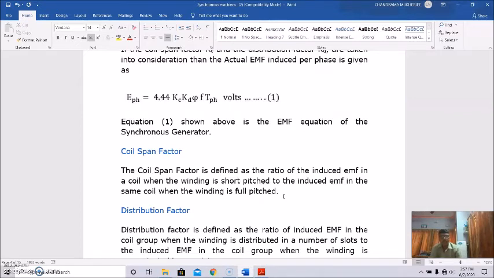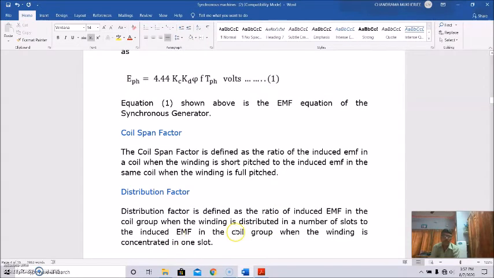So the coil will be short pitched rather than full pitch, and rather than concentrated winding, it will be distributed winding over the entire stator periphery. The armature conductors are distributed so as to get the three-phase balanced winding. The distribution factor is defined as the ratio of the induced EMF in the coil group when the winding is distributed in a number of slots, to the induced EMF in the coil group when the winding is concentrated in one slot.